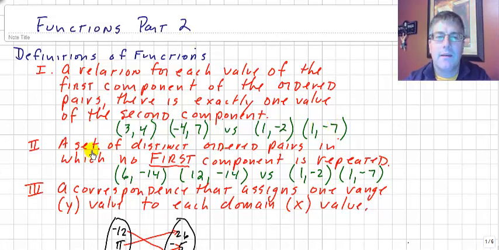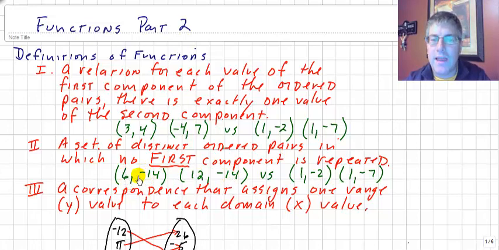Second way to look at a function, a set of distinct ordered pairs in which no first component is repeated. So here in this pair of ordered pairs, 6, negative 14, and 12, negative 14, the second component is repeated, but the first component isn't.